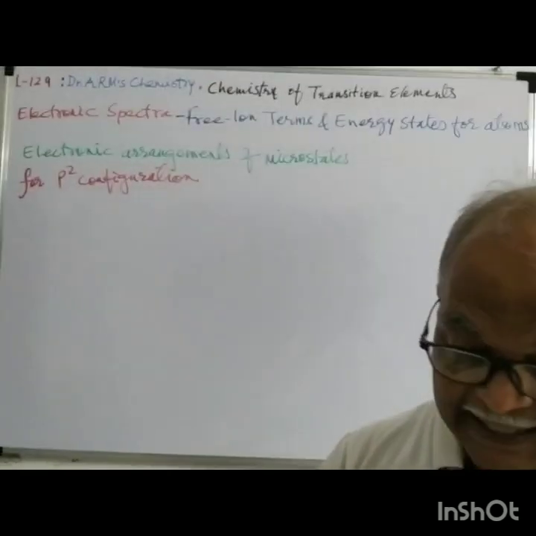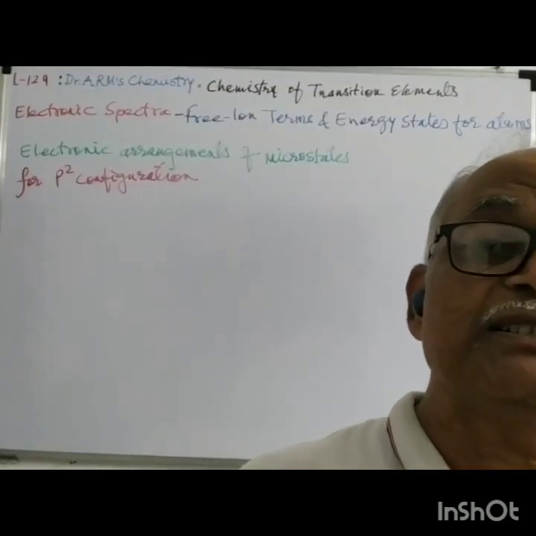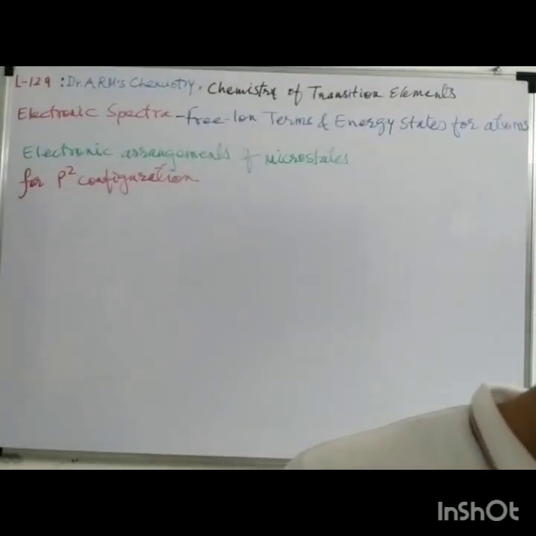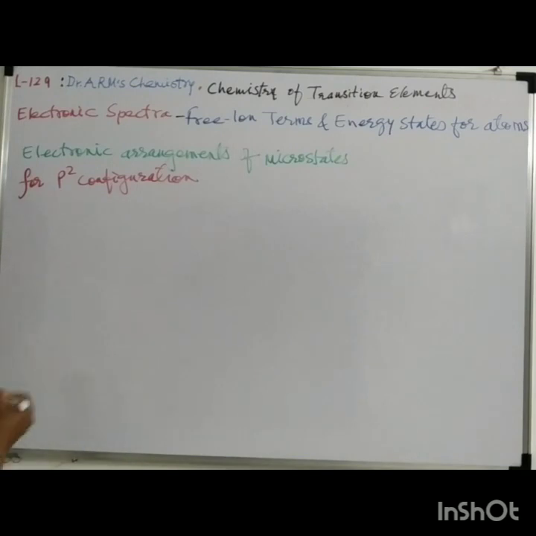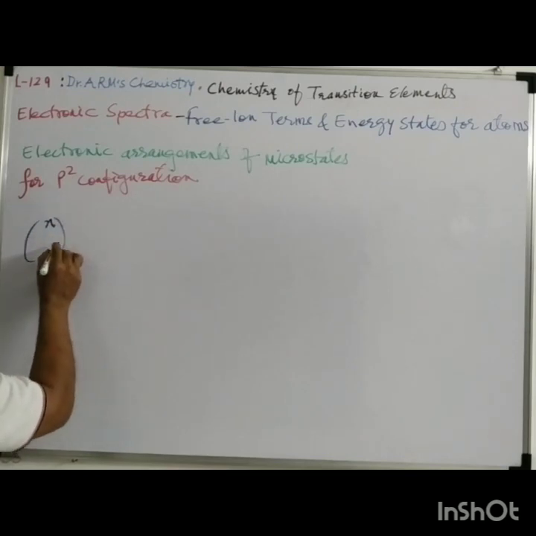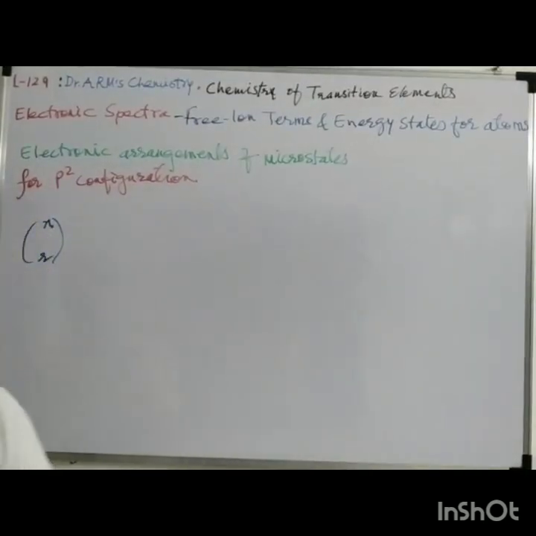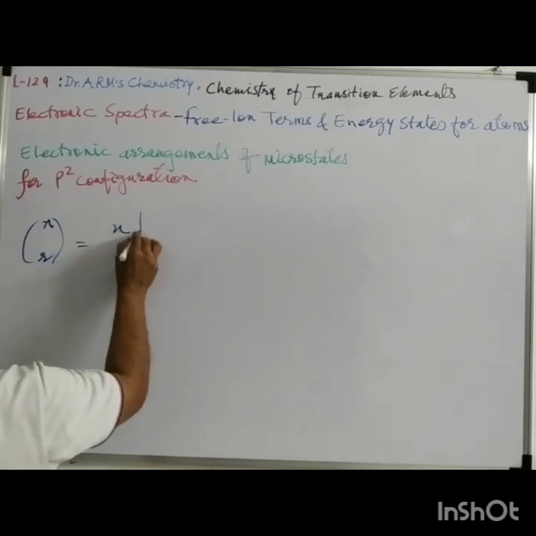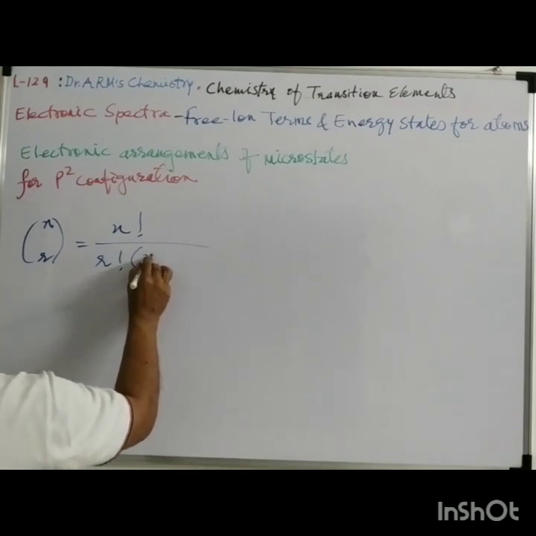So first of all, we will see how this p2 configuration is shown for different microstates, and these microstates are calculated by using the formula nCr, that is n factorial upon r factorial into n minus r factorial.